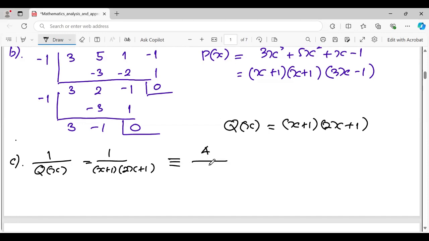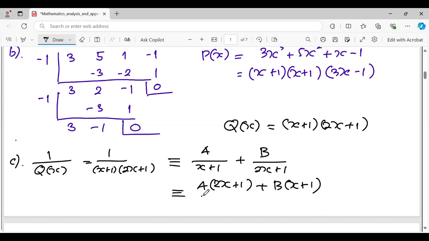Equals A over x plus 1 plus B over 2x plus 1. And it becomes A times 2x plus 1 plus B times x plus 1, over x plus 1 times 2x plus 1, which is 1 over x plus 1 times 2x plus 1.